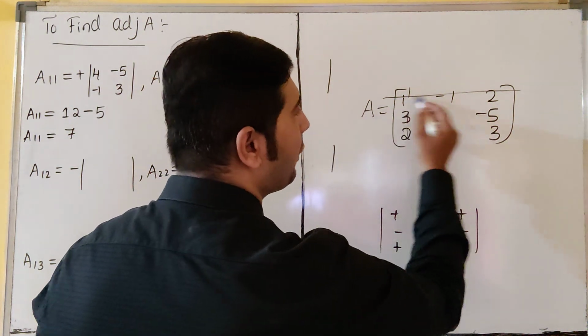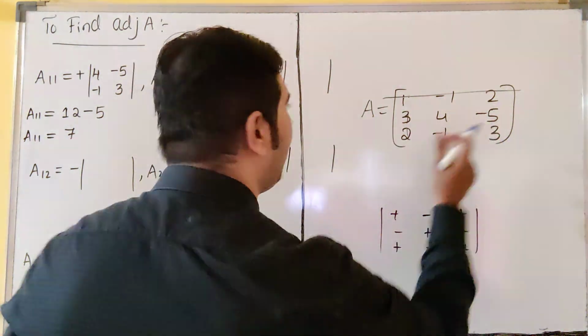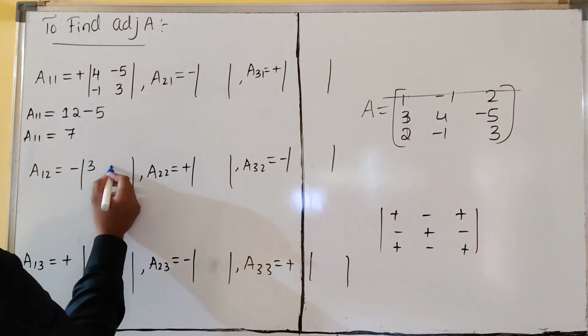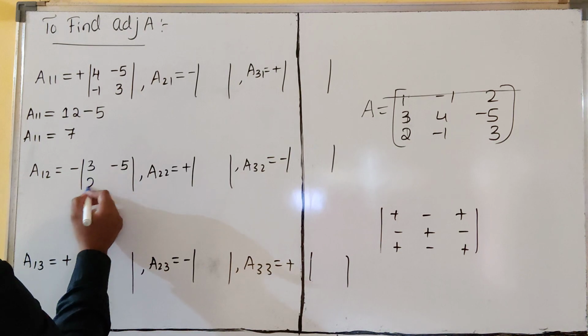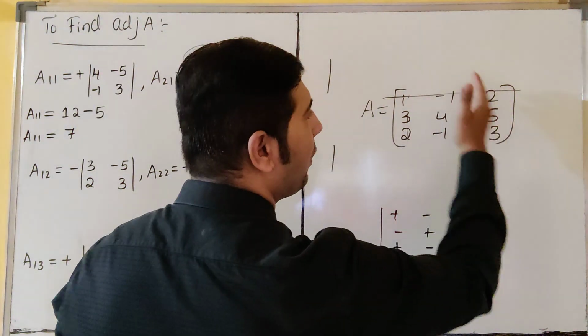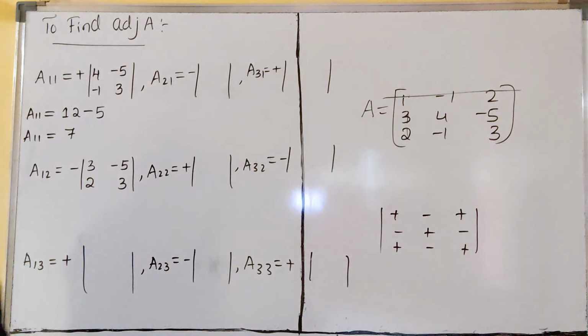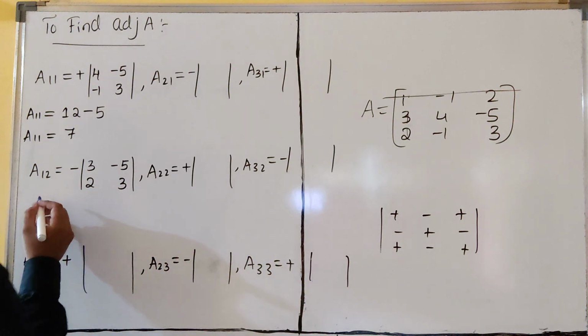You will understand. First row and second column you leave. What are you left with? 3, minus 5, 2, 3, dear students. Can you see? Understood? So now you simplify this.